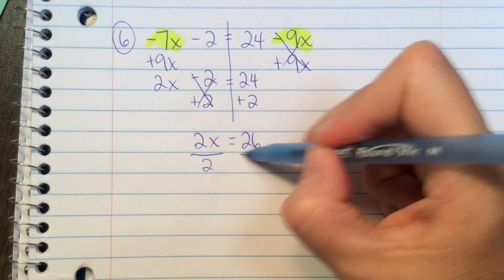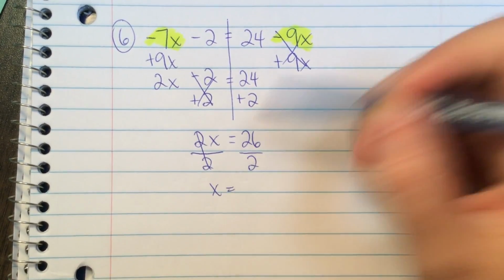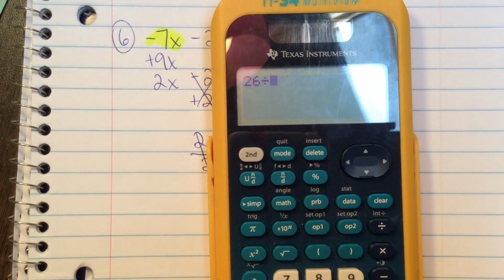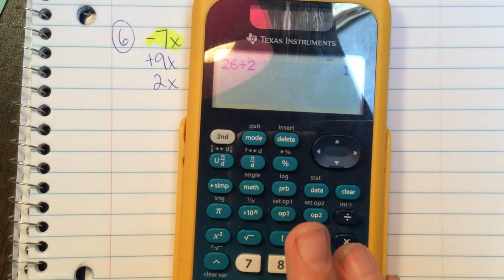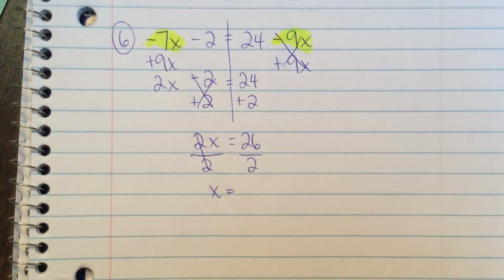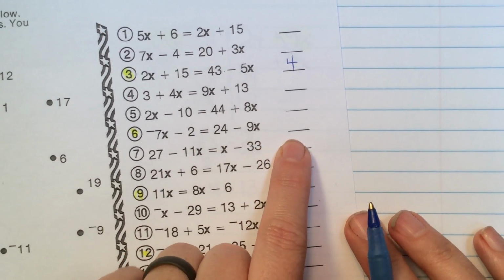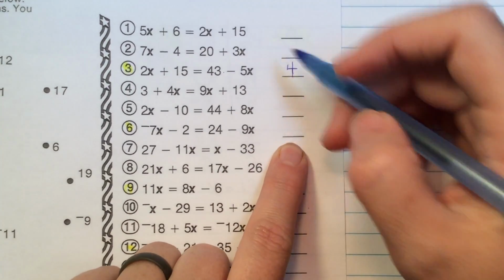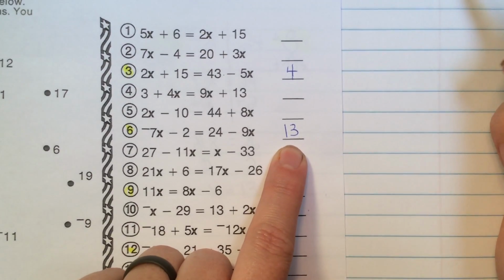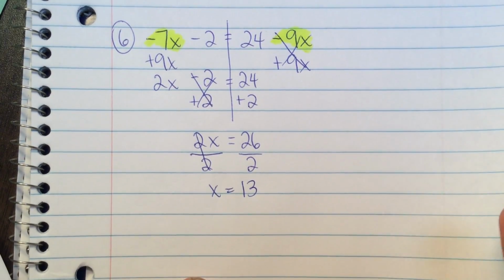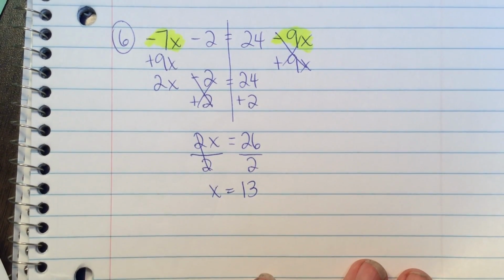Then I'm going to divide by 2, and 26 divided by 2 is going to be 13. So I'm going to trace it over, and it's going to go right here. Now these take up a lot of room, so I'm going to go ahead and flip the page, and we're going to do number 9.